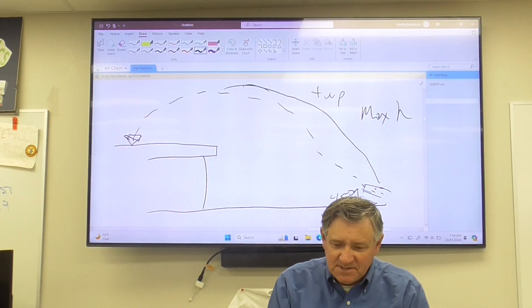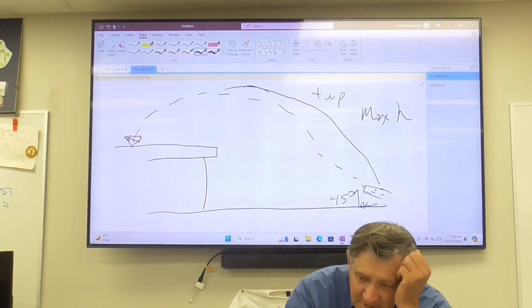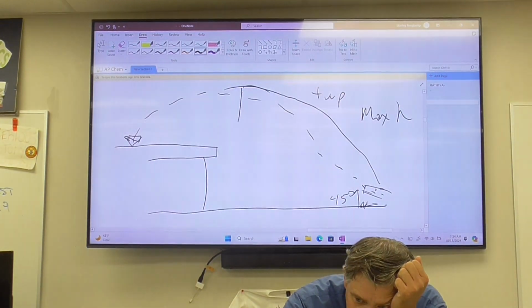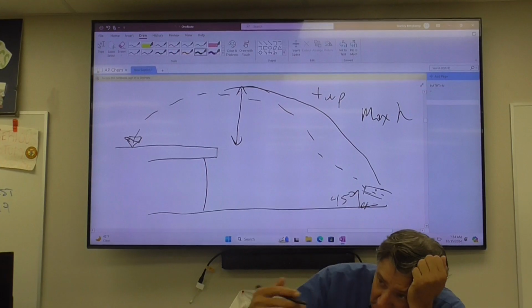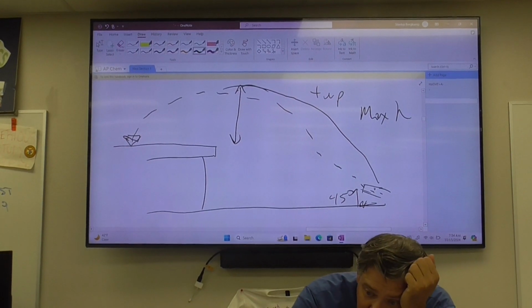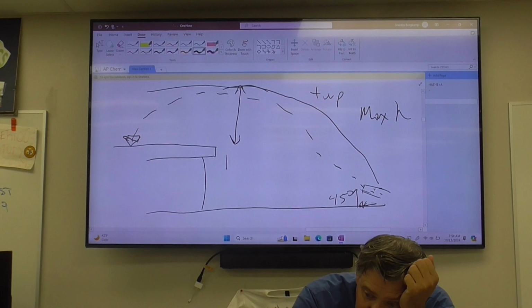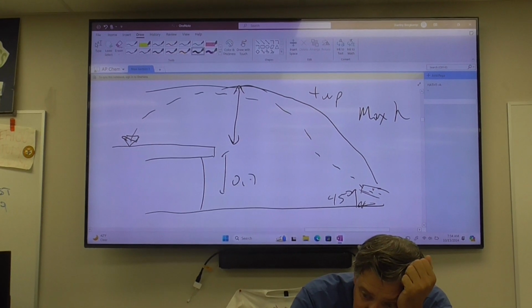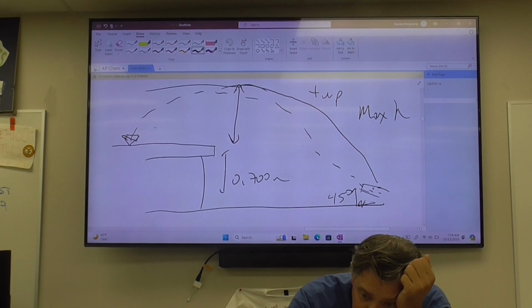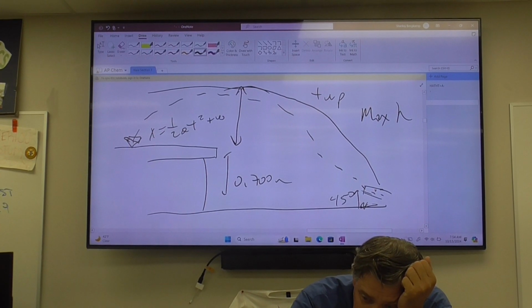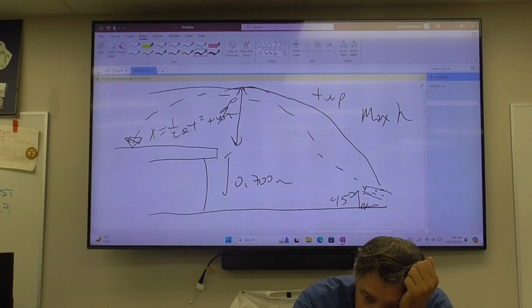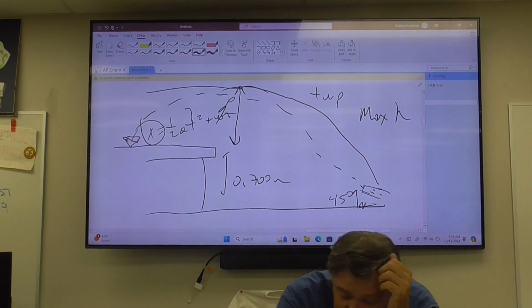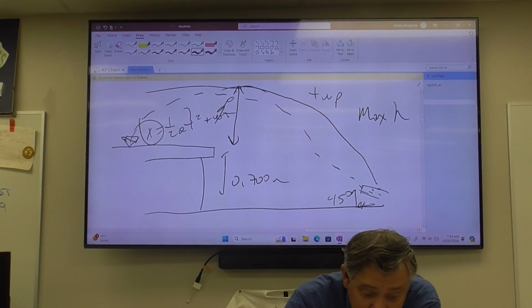So, one option is that you find your maximum height, and then you figure out how long it's going to take to fall, not all the way back down to the ground, but from that maximum height down to a height of 0.7 meters. You can use x equals 1/2 at squared plus v naught t, set that equal to 0. You know how far it's going to fall. You get that time, add the two numbers together, range equals vx times time, and you subtract out a meter.